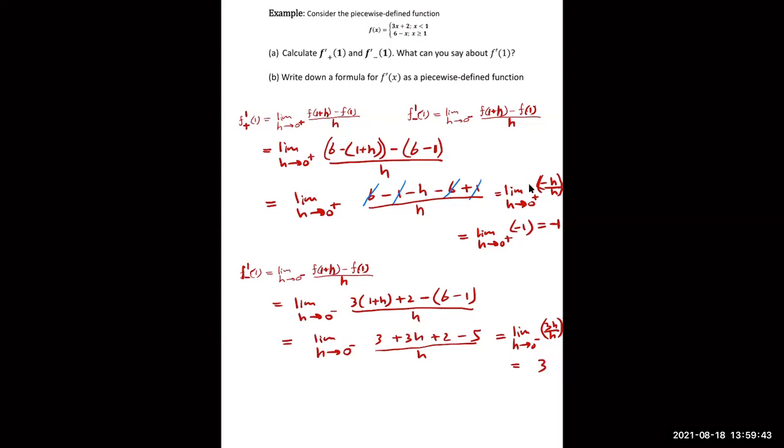As you can see, f prime plus at 0 is not equal to f prime minus at 0. That means the derivative at 0 is not defined, or the derivative at 1. Or this should be 1 actually. Sorry about that. Let's make that change.